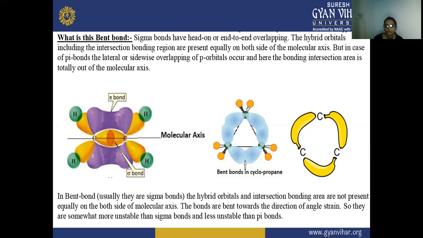As you can see, this is your sigma bond. Sigma bond has head-on or end-to-end overlapping. The hybrid orbitals, including the intersection bonding region, are present equally on both sides of the molecular axis.